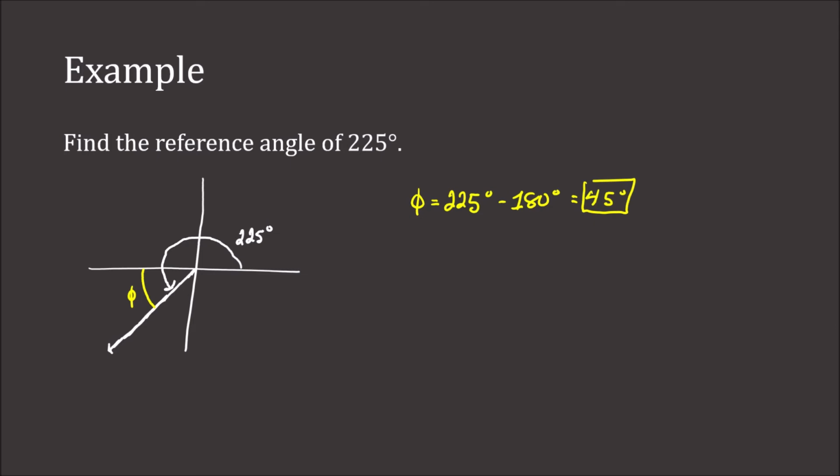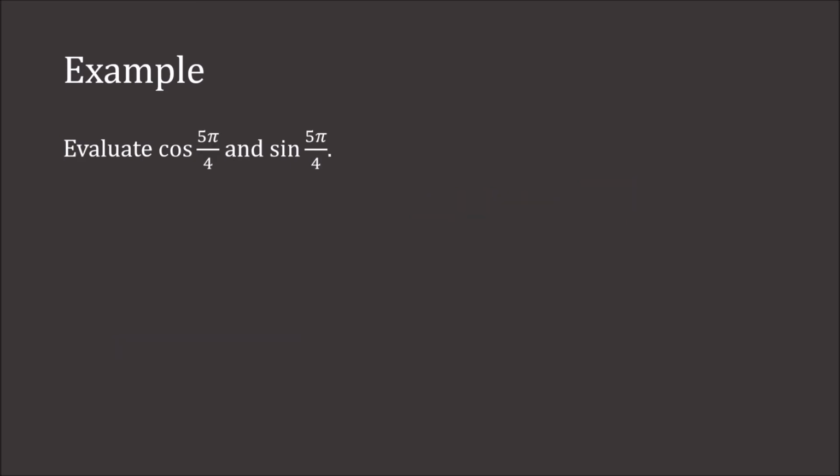So let's go ahead and use reference angles to evaluate cosine of 5 pi over 4 and sine of 5 pi over 4. So let's go ahead and draw our reference angle. So 5 pi over 4, this line right here would represent pi. 5 pi over 4 is greater than that, but less than 3 pi over 2.